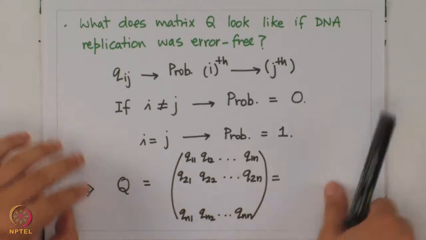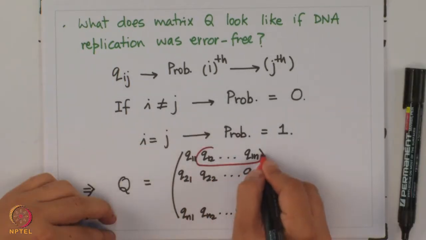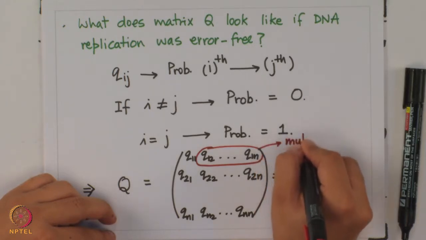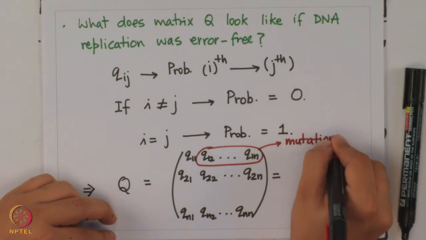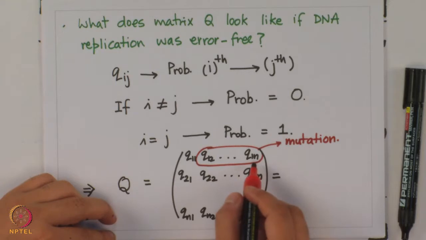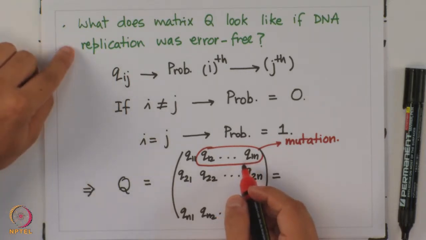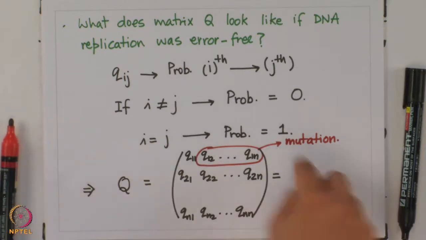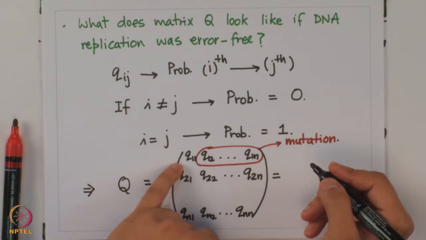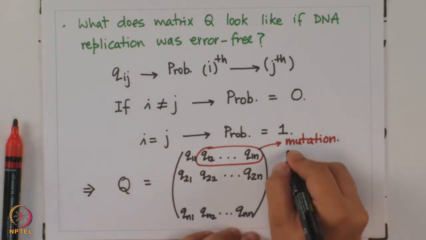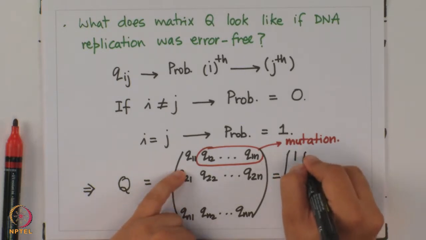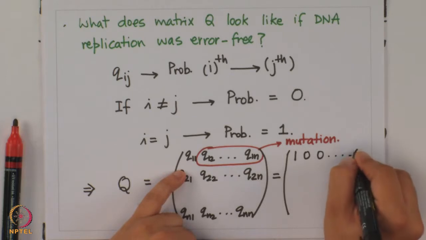What this means is that in the first row, all of these terms represent that there was a mutation that happened when DNA was being copied, because the starting genotype and the ending genotype are distinct from each other, but that is not permitted if DNA replication was error free. If this mutation event did not happen, but I also know that the sum of the elements on this row is equal to 1, what that means is that the Q11 element is equal to 1 and all other elements in this row are equal to 0.